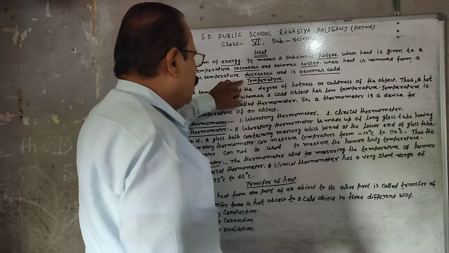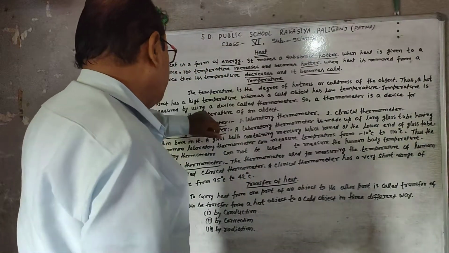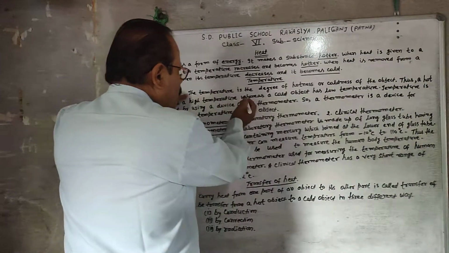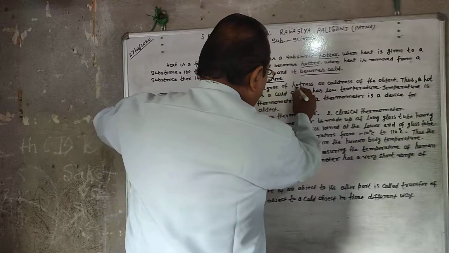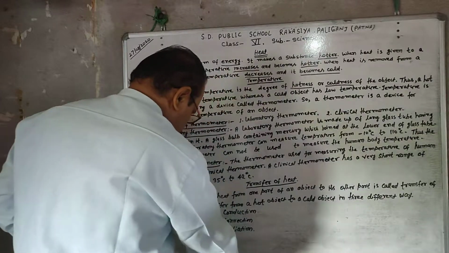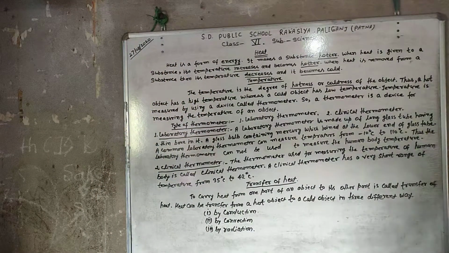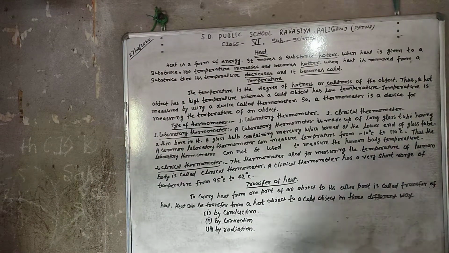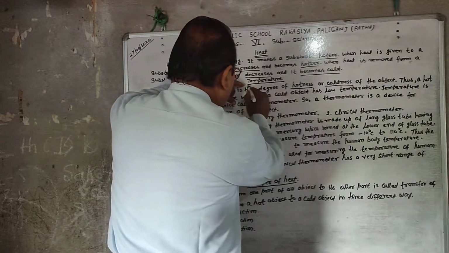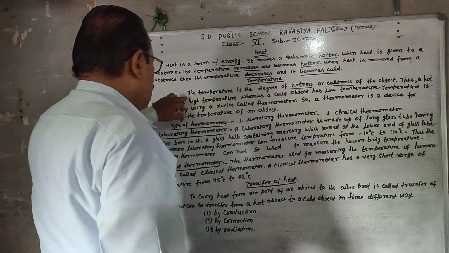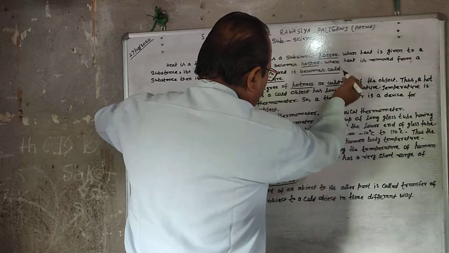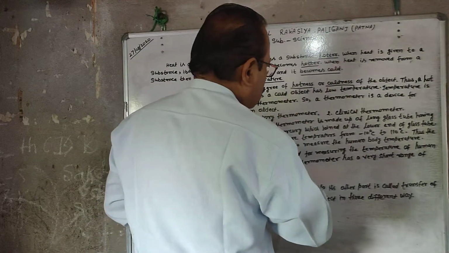Temperature. We know about temperature. What is temperature? The temperature is the degree of hotness and coldness of an object.